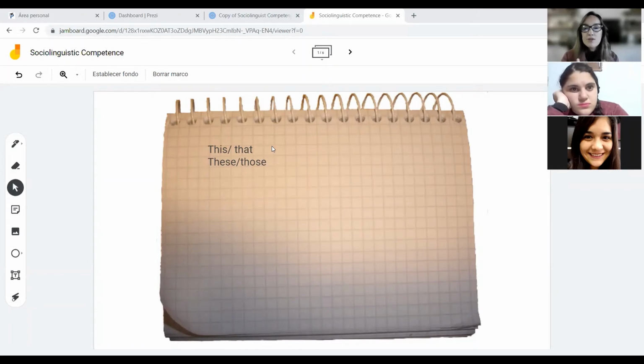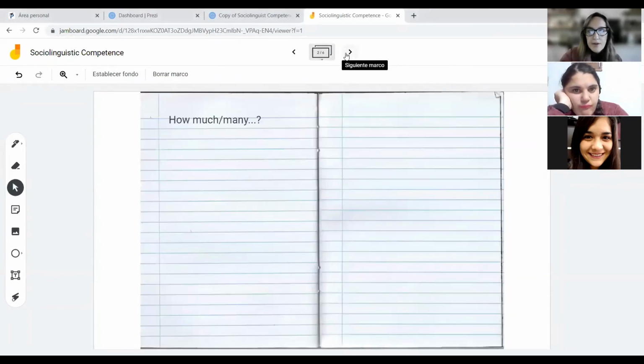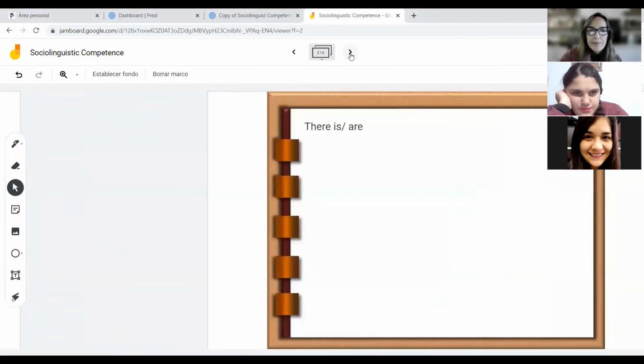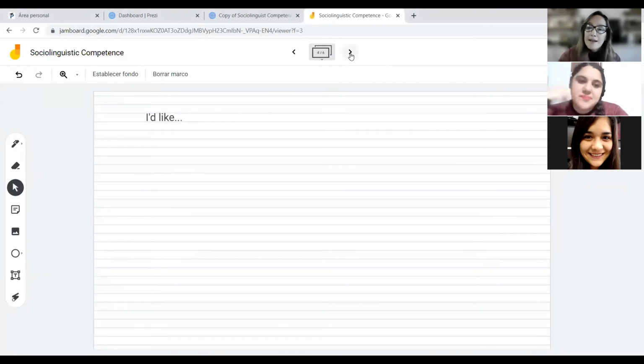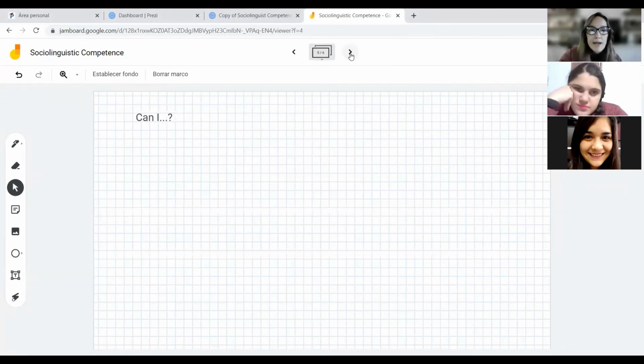So in the comparison between Spanish and English, right? So for example, here you have this, that, these, those. On the other slide, you have how much or how many. There is, there are, I'd like, and can I. Okay, so each pair will choose one of the slides.